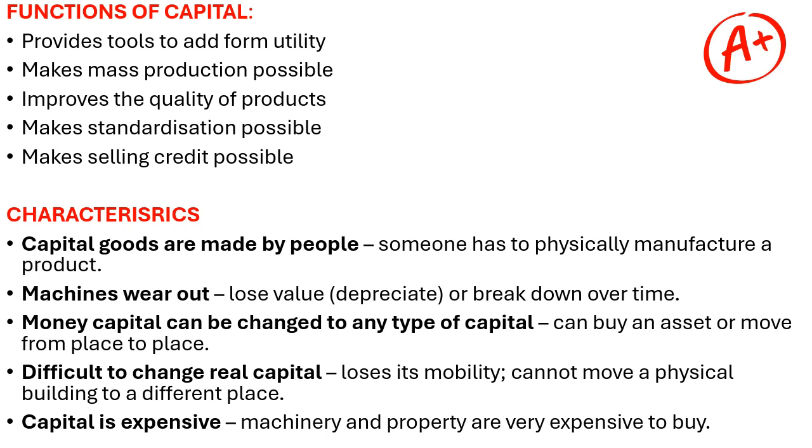It's all together. Right. The second characteristic you must understand about capital, guys, is that machines, here we talk about the tangible assets, we talk about the durable capital goods, what we refer to as fixed capital, wear out. For those who are doing accounting, you'd understand that we do have two types of depreciation, but what is important for the purposes of this lesson, so remember, what is depreciation?